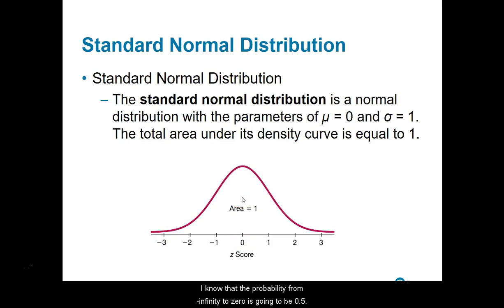Now I know that my probability from negative infinity to 0 is going to be 0.5. The reason I know this is because the standard normal distribution is symmetric about 0. That means half of my area is going to be below 0 and half of my area is going to be above 0. But the other numbers are going to be a bit more difficult.